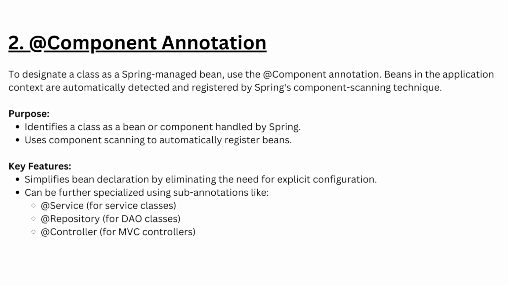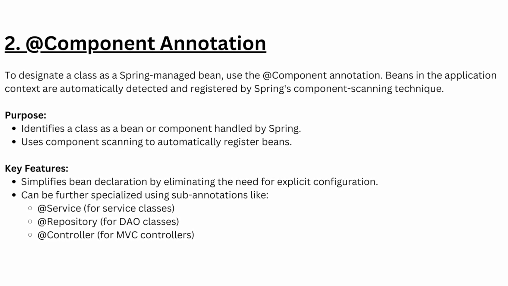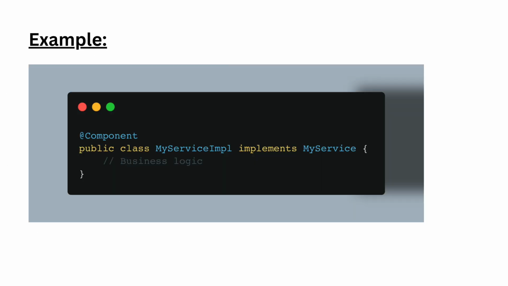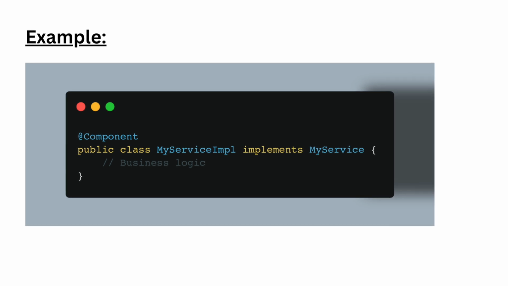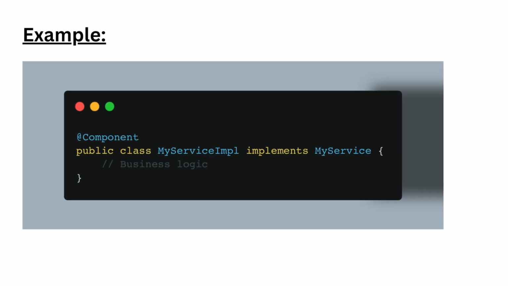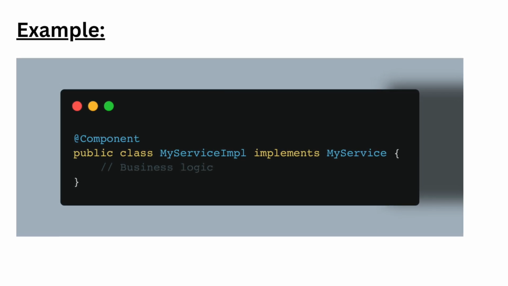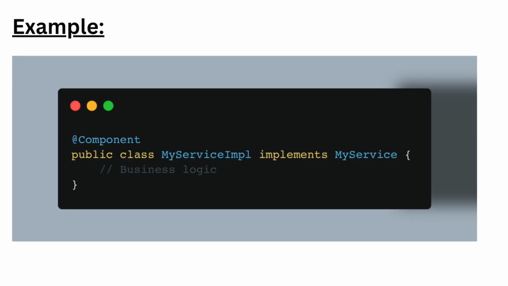So the purpose is to mark a class as a Spring managed component or bean, and this works with component scanning to register beans automatically. Now here the advantage is to reduce boilerplate code for declaring beans, and this leverages convention over configuration for quick and straightforward bean management.